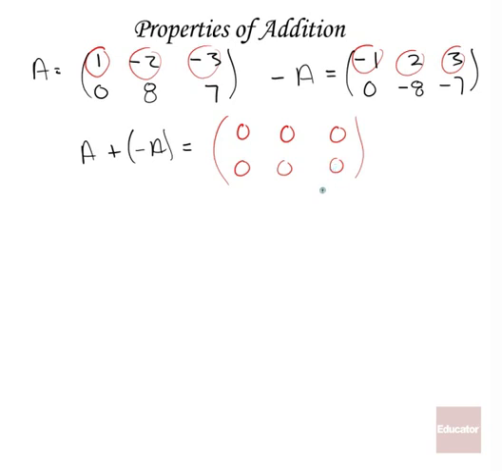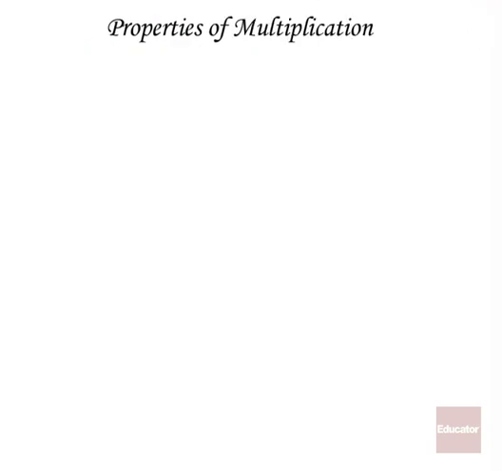Now we're going to move on to the properties of multiplication. Once again, A, B, C are matrices of appropriate size.